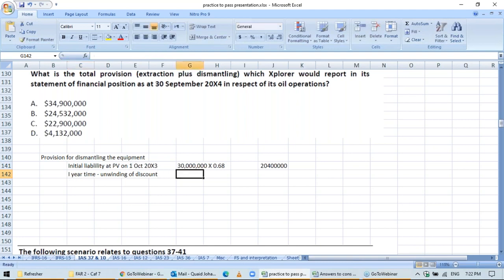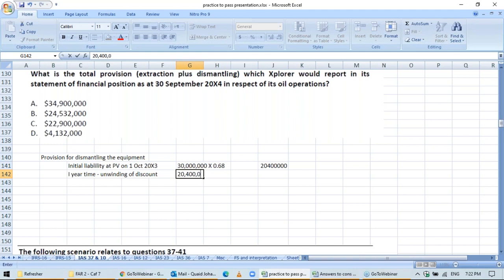Now when the time passes, again the liability will increase by the amount of discount. First you removed the interest and now you again add back that interest. So initially you discounted the cash flows, now you will unwind it. Unwind means you will again add back the interest to it. So now how much interest should be added? Always the interest will be applied to the balance outstanding. What's the balance?